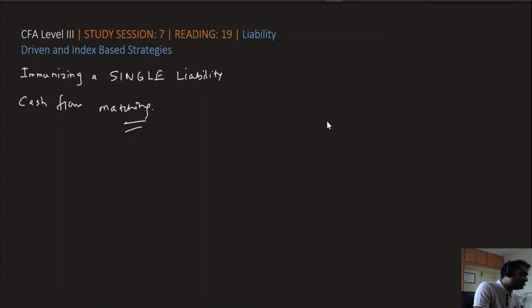What is the simplest form to do that? The simplest form is buying a zero coupon bond, right? And the amount that will accrue at par for a zero coupon bond should be equal to the amount of that particular liability. Correct?